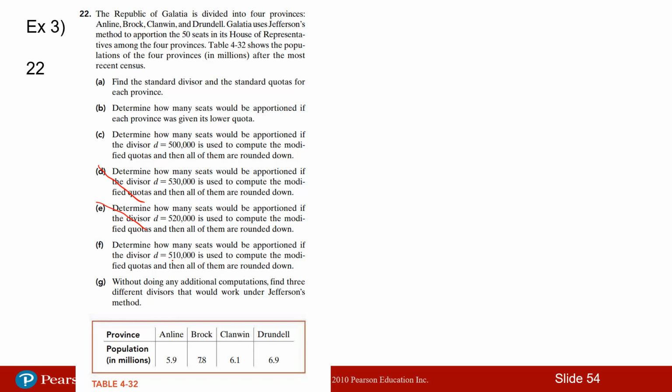Let me just make sure that that's the way I want to do it here. So you guys tell me your standard divisor first, and then the standard quotas.